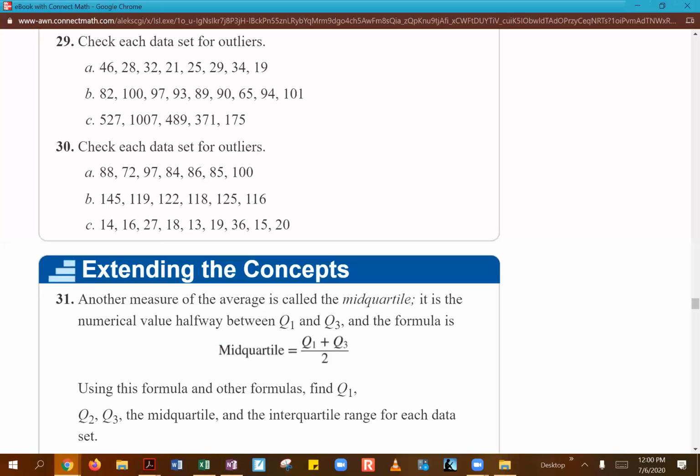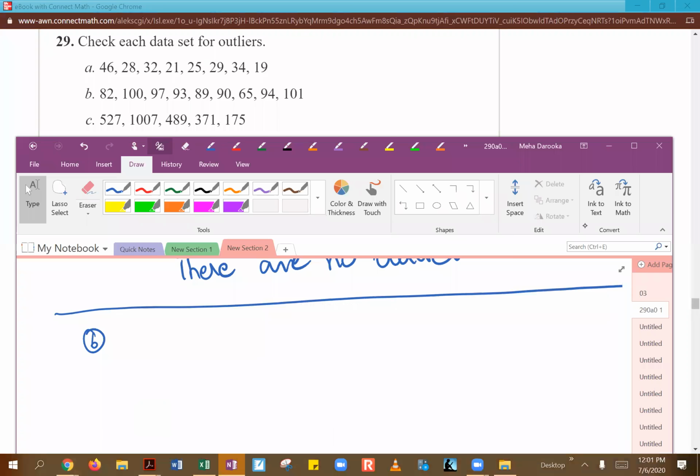All right, using part B. So let's go ahead and put this in order over here. Okay, so what does this order end up looking like?